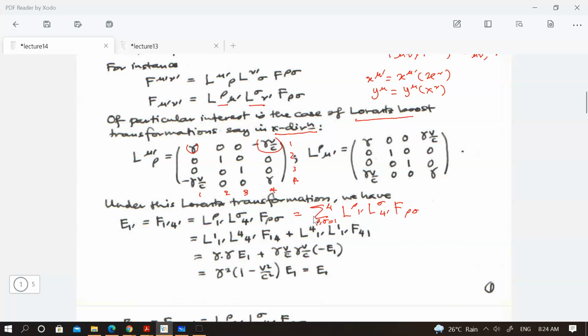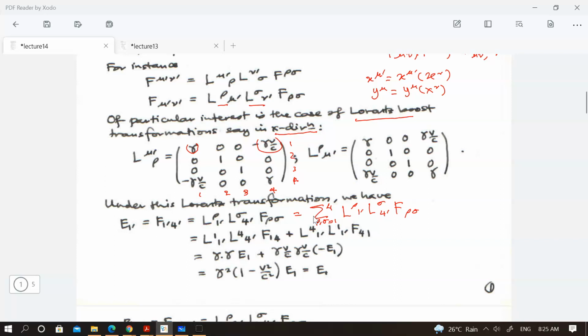So the indices one should be more concerned with will be the indices 1 and 4. So let's just look at this. From the previous description that we had, you focus on rho and sigma when rho and sigma are 1 and 4.